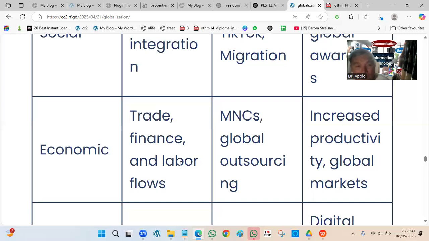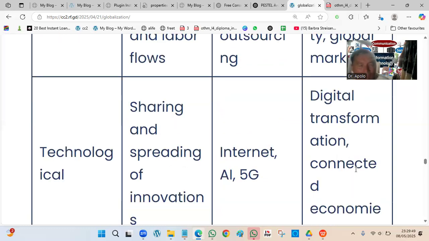Economic: trade, finance, and labor; example, MNCs' global outsourcing; implication, increased productivity and global markets. Technological: sharing and spreading innovation; example, internet, AI, 5G; implication, digital transformation and connected economies.